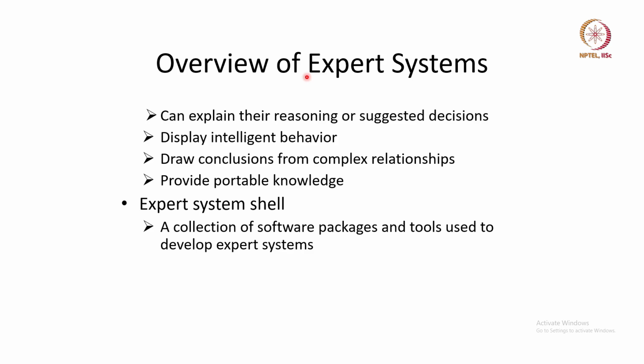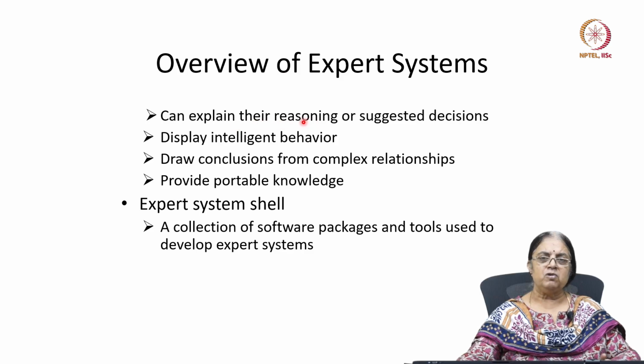For example, if it gives a diagnosis of cancer in a particular person, it's able to say that it's because of these reasons that we are saying this person has cancer. That explanation is very important, especially in medicine, because you cannot make a wrong diagnosis.